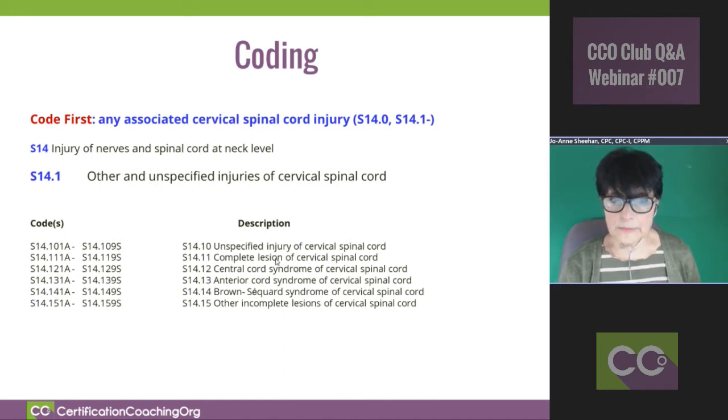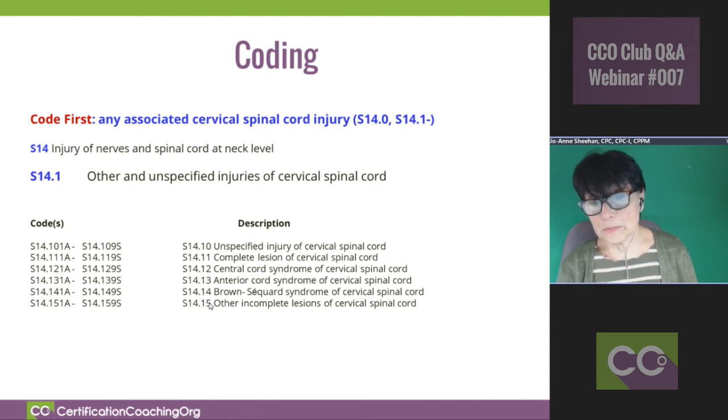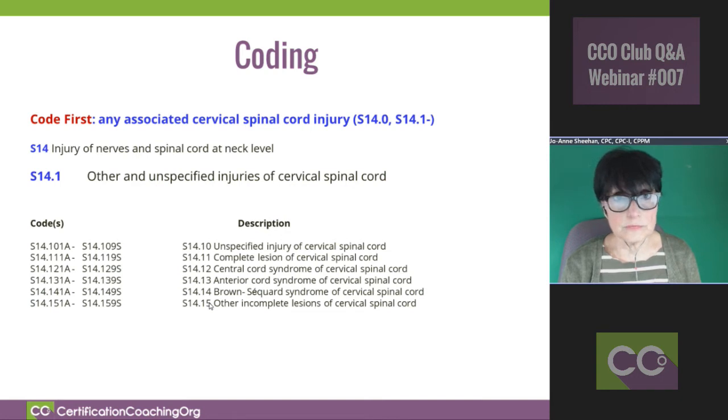These are more of the unspecified injuries. And then you have the 1-1, which is the complete lesion of the cervical spinal cord, and the 1-2, which is the central cord syndrome, 1-3, anterior cord syndrome, and so forth. I know that you said the documentation was pretty poor, so hopefully you would be able to extract some information from that to figure out about the injury, but if not, you would have to focus on the S14.10, and then probably 9S.